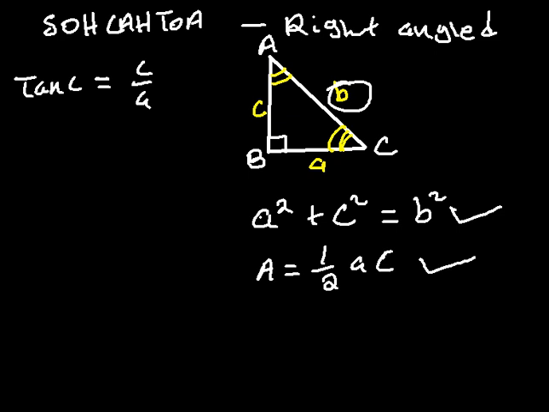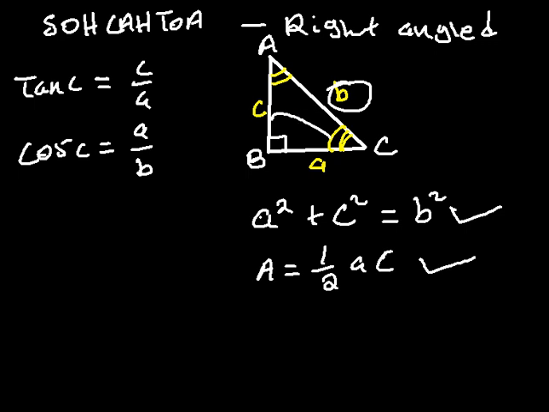And likewise, with respect to side B, that is the hypotenuse. So we have the adjacent versus the hypotenuse. And what is that one? In that case, that is cos of angle C, which is given as the adjacent, that is A divided by B. And likewise, this is the opposite and this is the hypotenuse.